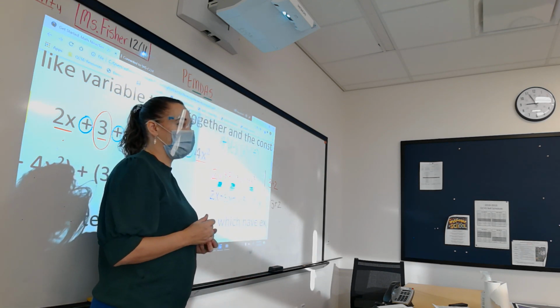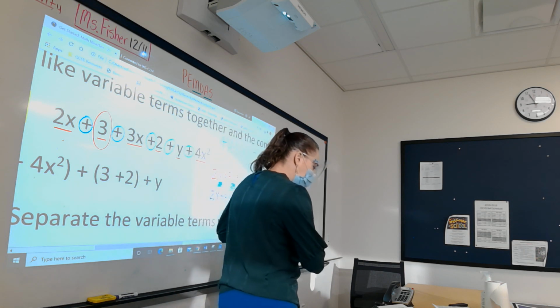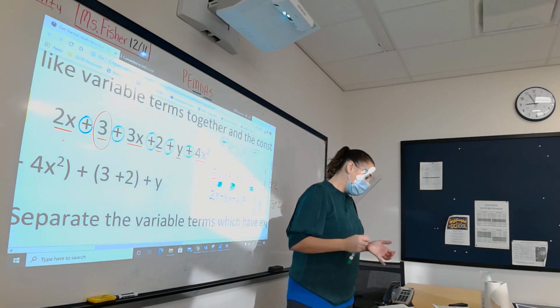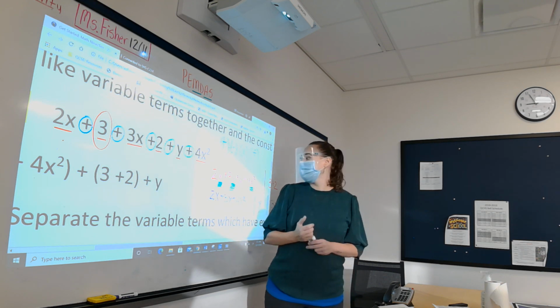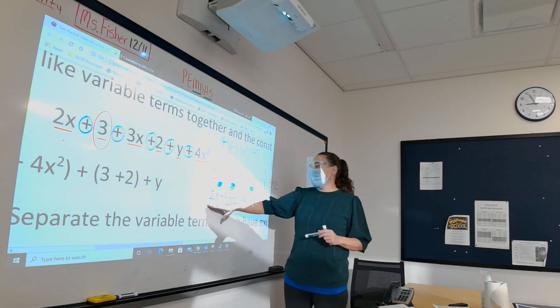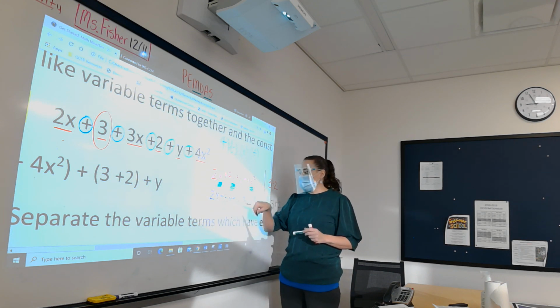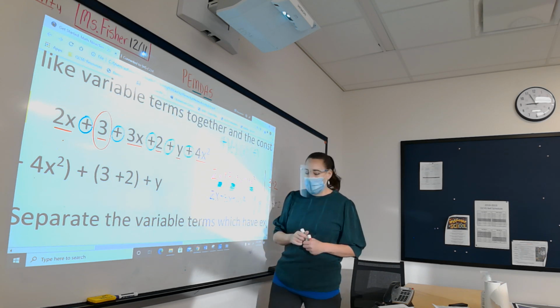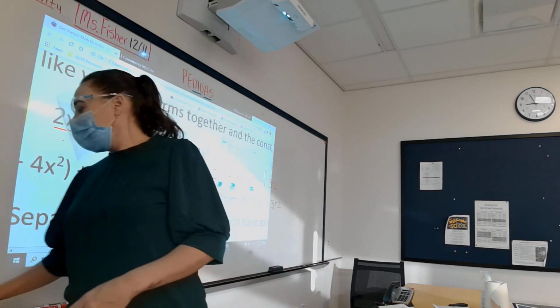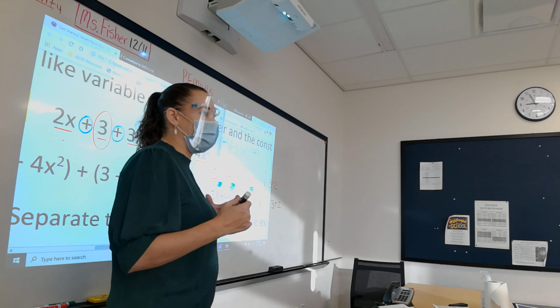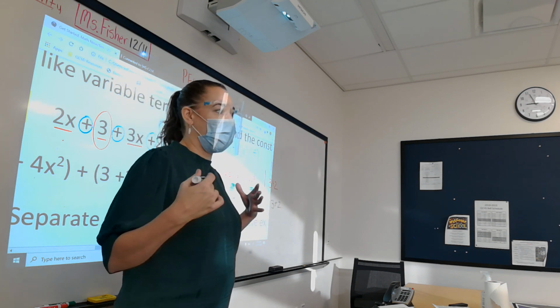Now, we're on to the next step. So it says separate the variable terms which have exponents to different powers. Okay, so I'm good here. I know they're all the same variable. However, I'm not okay. They're not the same like term if they're not to the same power.